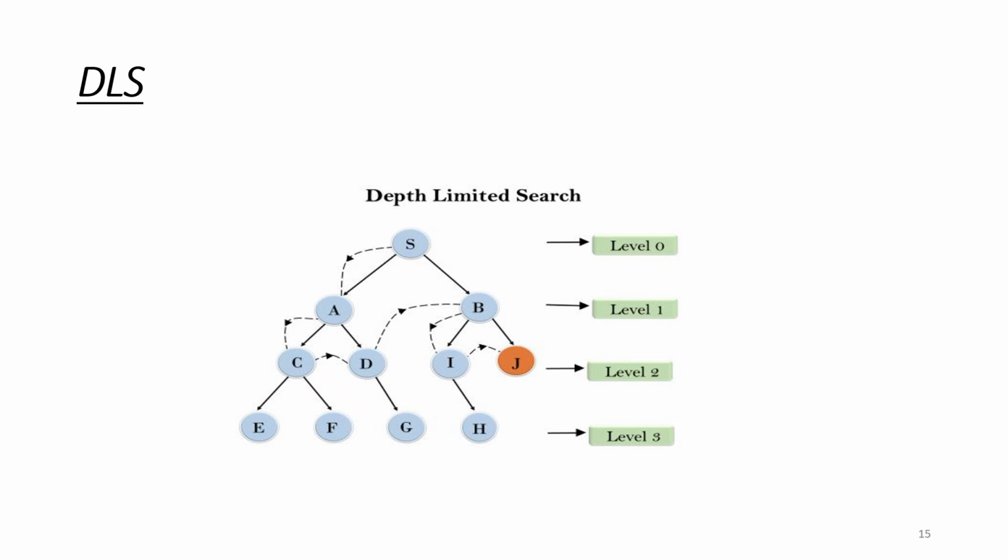Now with the DFS method, B is followed by I, and following the backtracking method we reach J. Here we use BFS for A to B, and whenever we use backtracking, that is depth limited search.